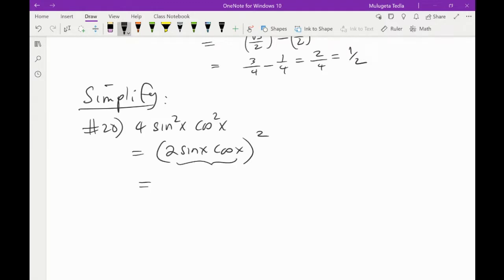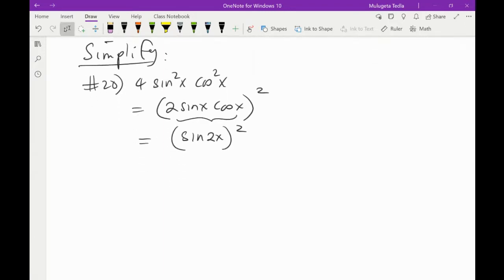This is equal to sine of 2x, the whole squared, really. 2 sine x cos x is sine 2x. Or sometimes calculus textbooks avoid writing the brackets, so this is how they write it. So first, change it into a base, and then the base is recognizable because it satisfies the double angle formula for sine.